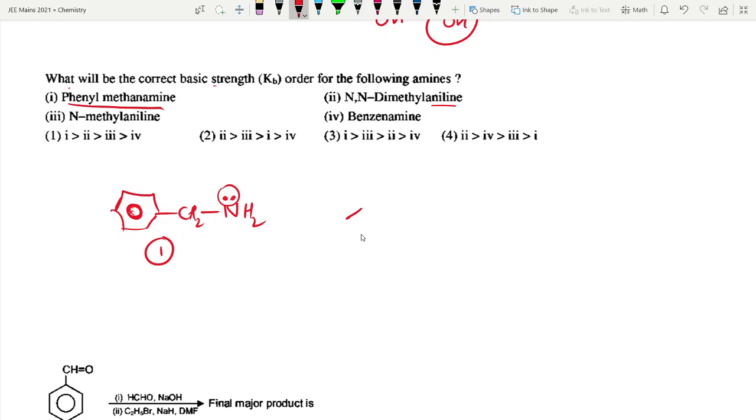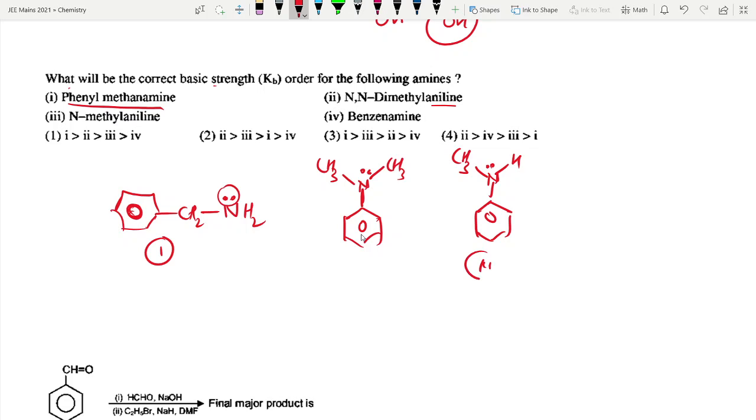The second one is N,N-dimethylaniline, which is something like this, and then you have N-methylaniline, which is like this. This is the third one, this is the second one, and the fourth one is benzenamine, which is another name for aniline.